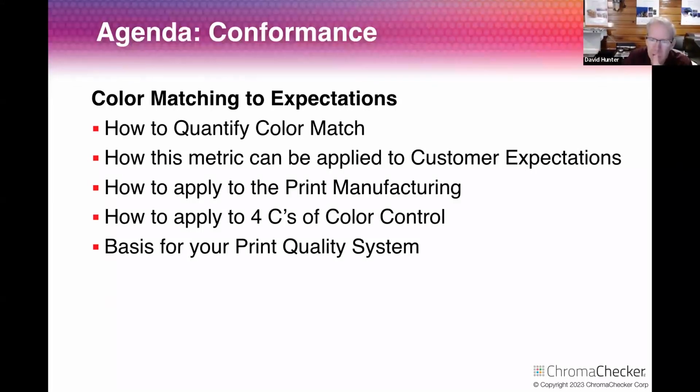And how can we use this metric to understand what our customers' expectations are? Then how do we apply this metric to print manufacturing? And how does it apply to the other 4 C's of color control that we've already covered over the last 4 months? And hopefully you'll see that this becomes your basis for your print quality system.